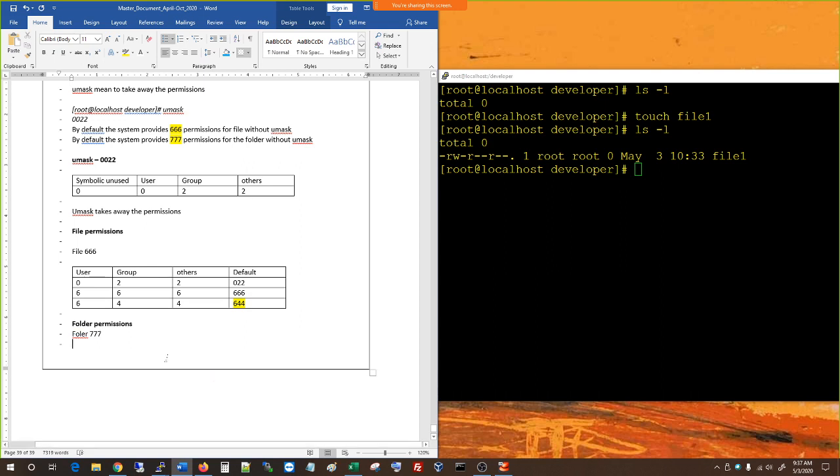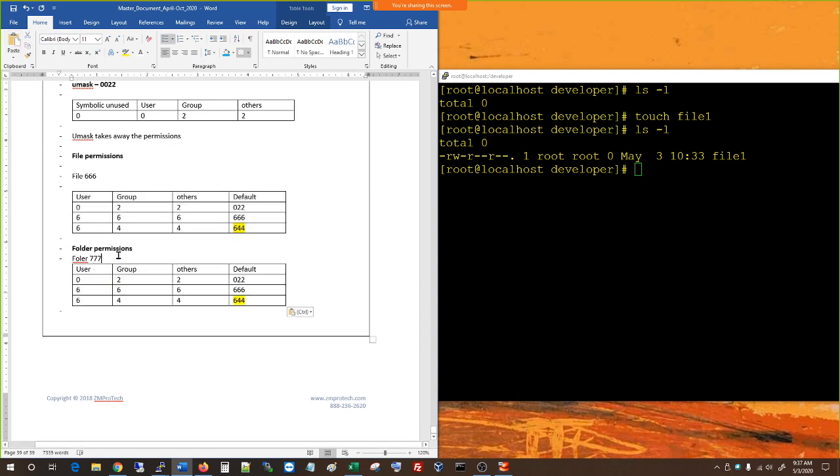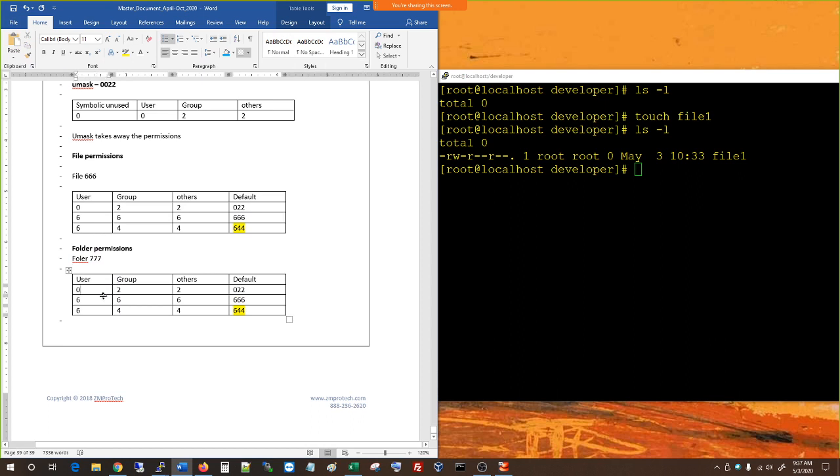Now I'm going to copy this whole thing again and paste it here. The umask for files and folders is the same.